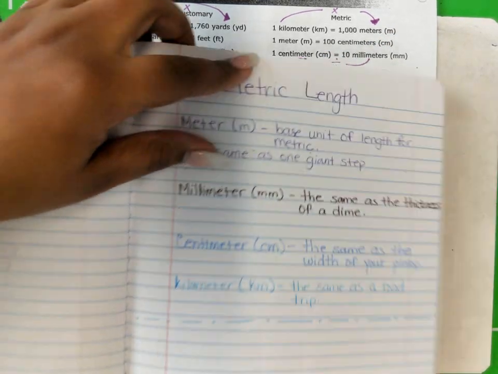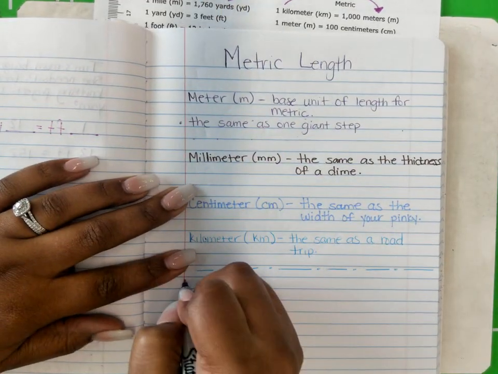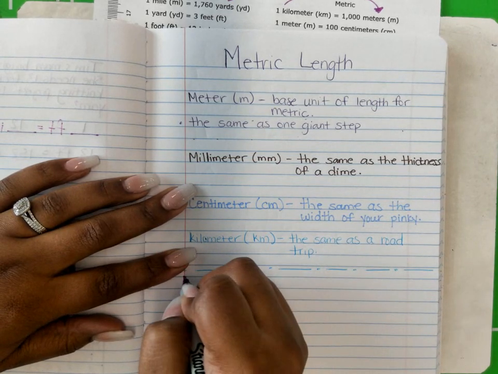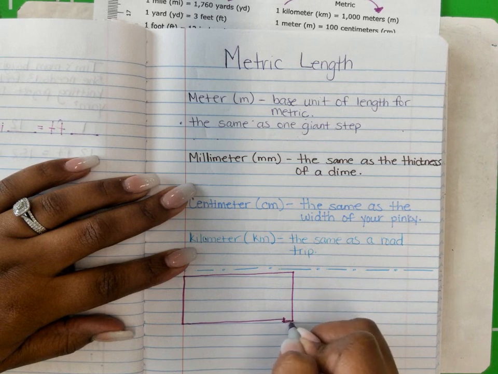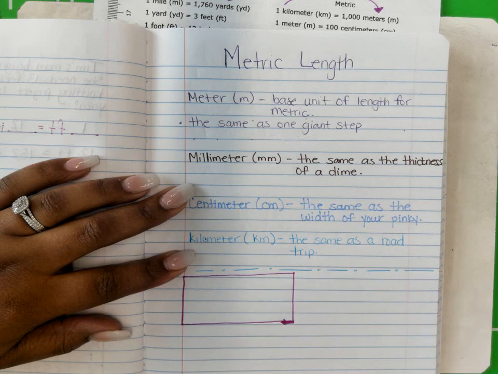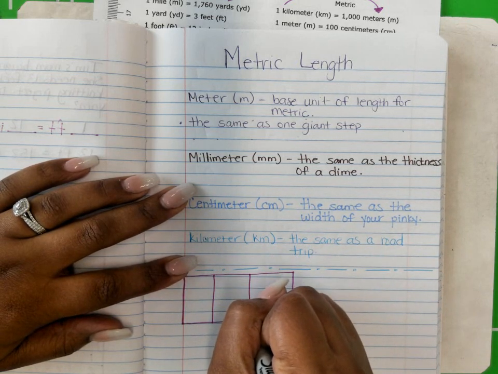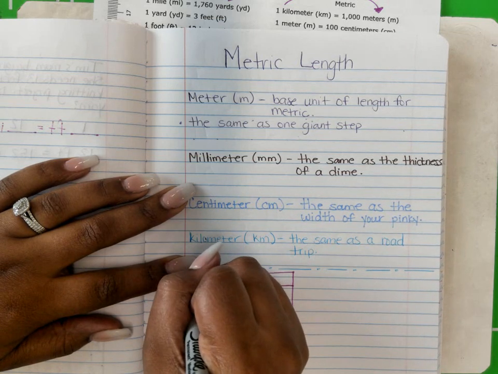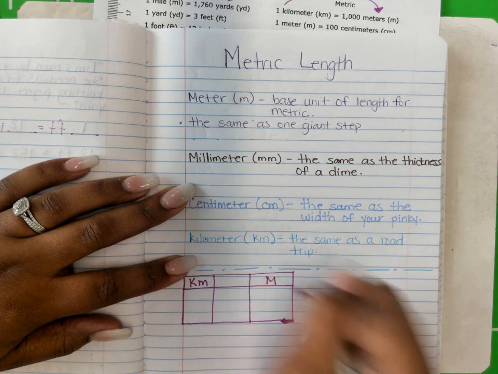And we'll talk about that and what that looks like, and I'll show you. So in this case, let's say I want to change my kilometers. You're going to draw your box here, and I want to change it to meters.